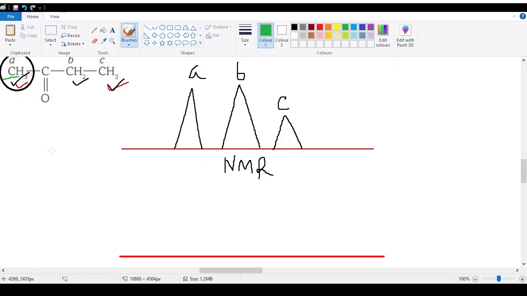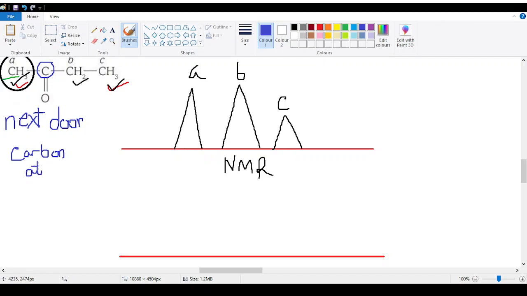Who is the carbon atom that is next to this one? This blue colored carbon atom. We call this the next door carbon atom, okay? Is this fine or not?